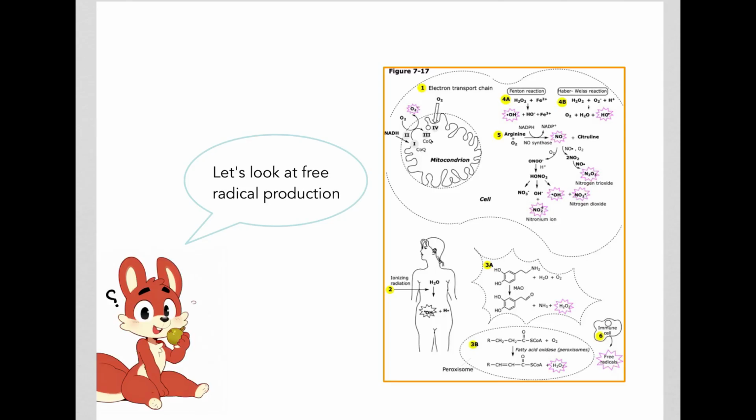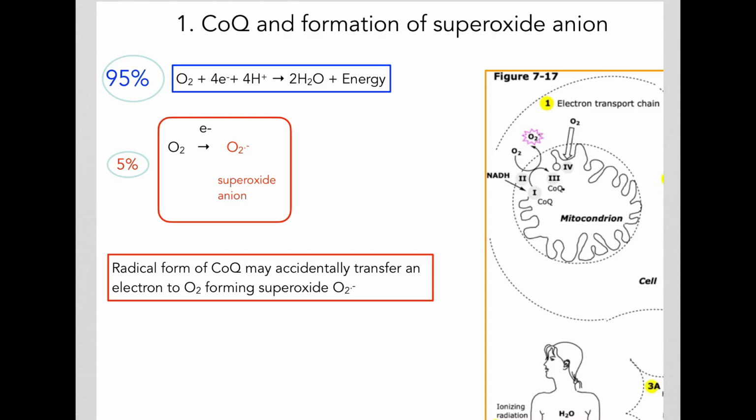Let's first look at how free radicals are produced in our cells. Recall from metabolism that oxygen is used in the electron transport chain at complex 4, and that oxygen basically becomes water, which gives off a lot of redox energy, which is then used by the enzyme ATP synthase to generate ATP.